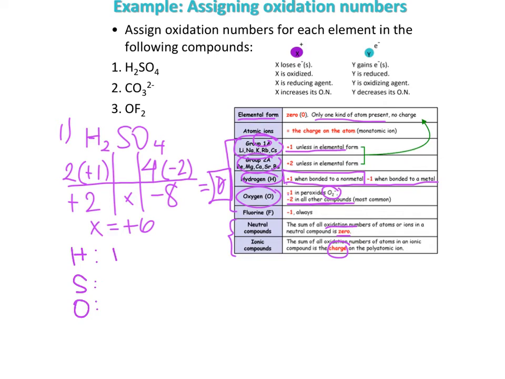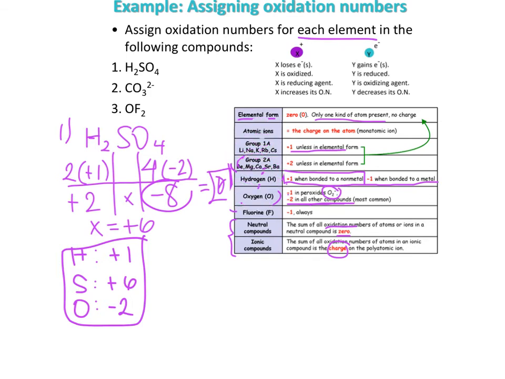For hydrogen, it's +1. For sulfur, it's +6. And then for oxygen, it's -2. Right? Because we're looking at individual elements, not their total contribution. So individually, these are the oxidation numbers. And you follow these rules in order. So you saw how I was going down the list and seeing what applied. That's how you typically use these.